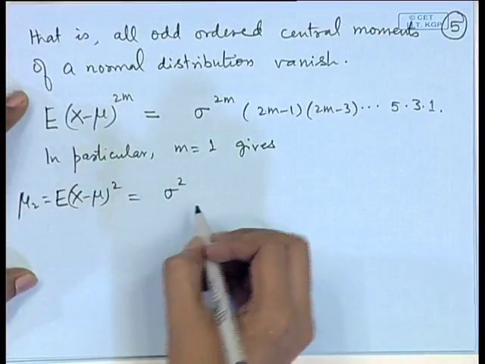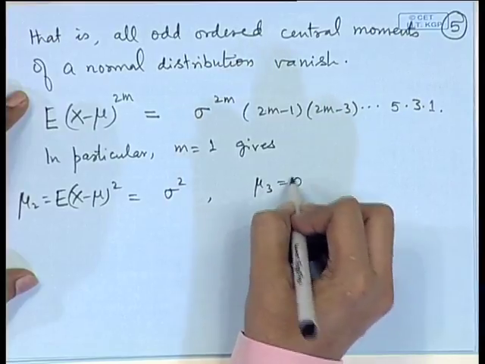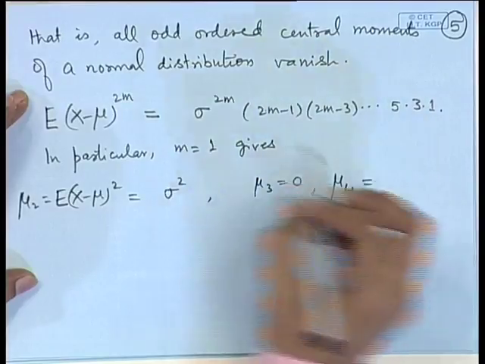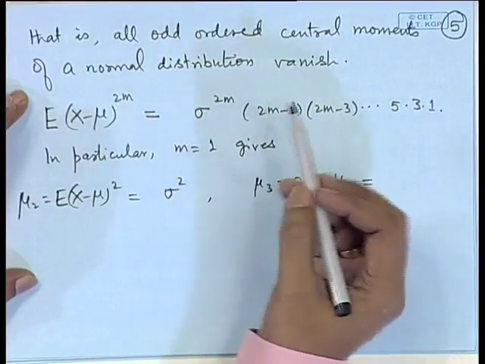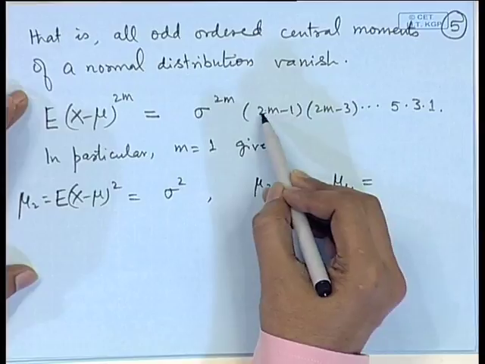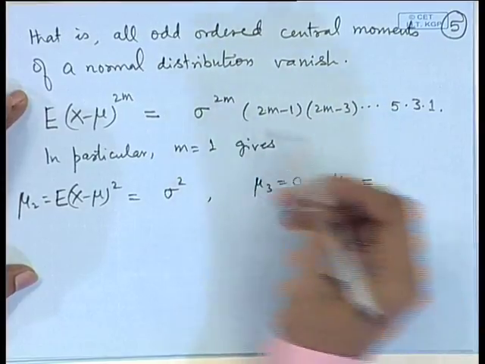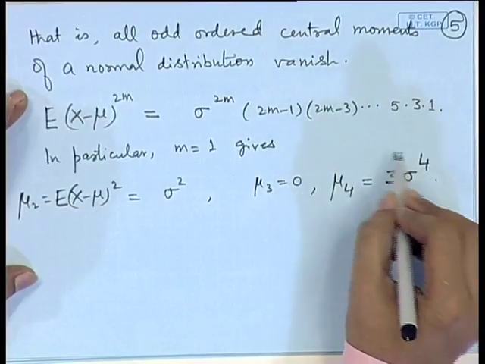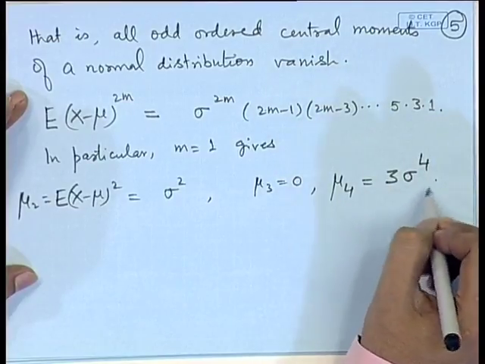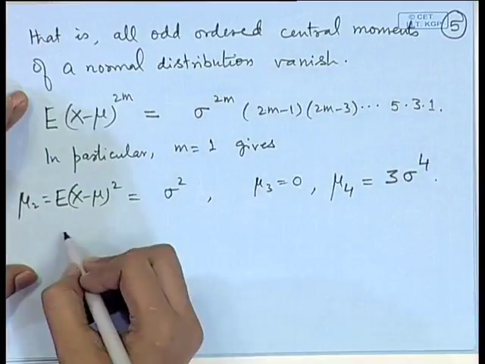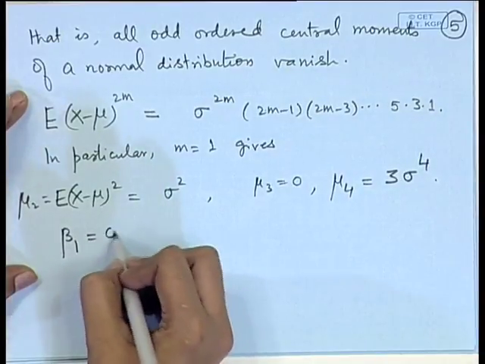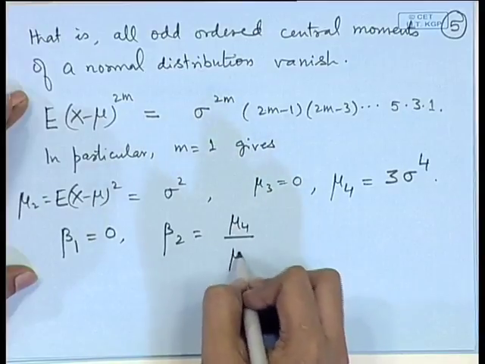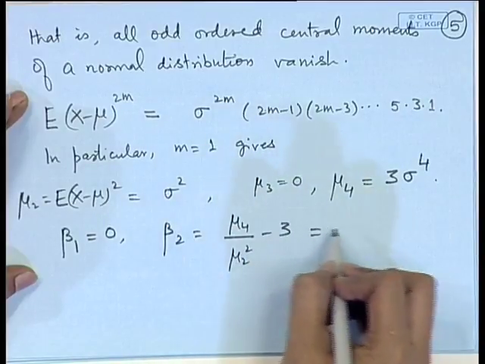Obviously mu 3 is 0. If we look at mu 4, the fourth moment, that is, if I put m is equal to 2, then here I will get 3 times 1. So, this will become 3 sigma to the power 4. So, the fourth central moment is 3 sigma to the power 4. Obviously, the measure of skewness is 0, and the measure of kurtosis, that is mu 4 by mu 2 square minus 3, is also 0.